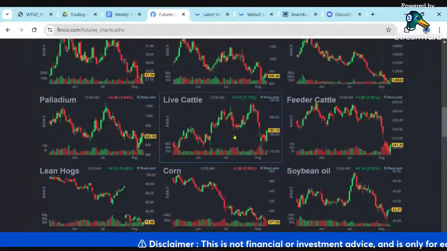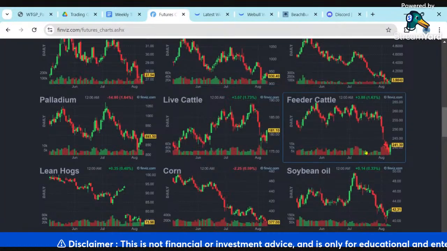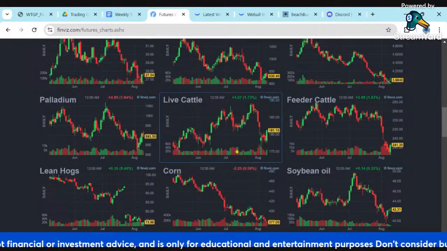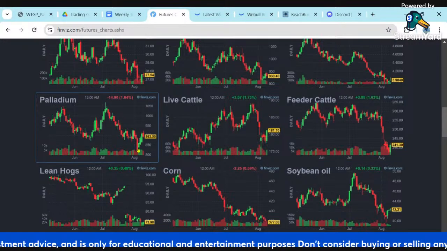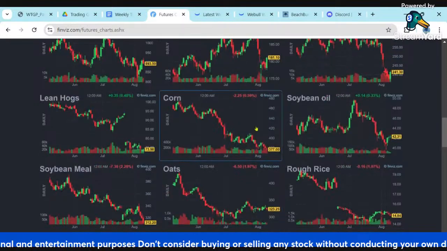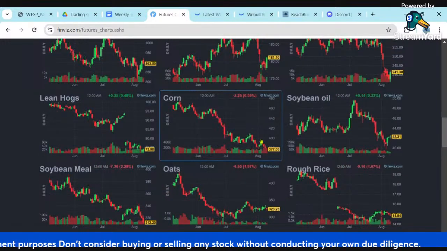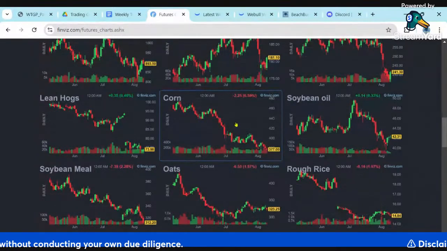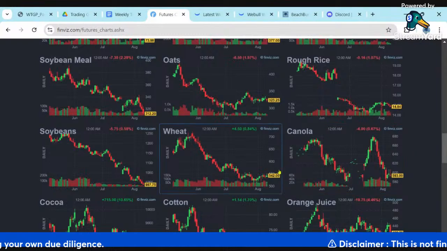Again, we see several of the cattle really declined, and then potentially some late week bounce. Palladium broke down and then bounced. Corn's still trending down. So again, futures traders, we talked about this for several weeks: when corn finds a bottom, might be an opportunity for a swing there. We are still long wheat.